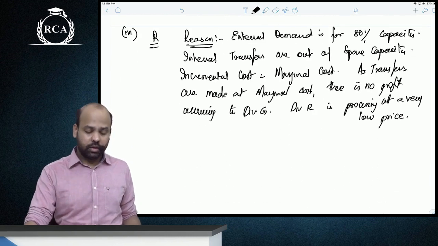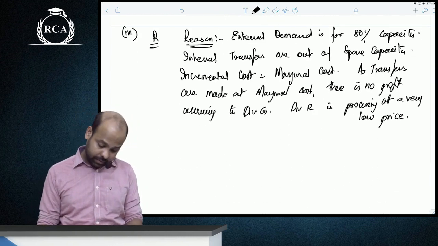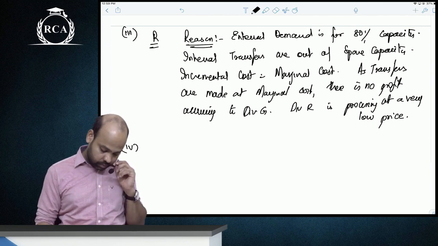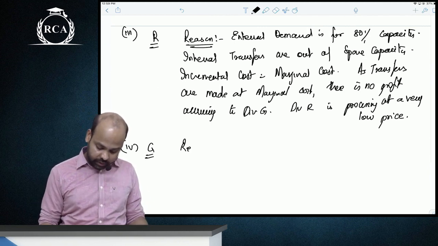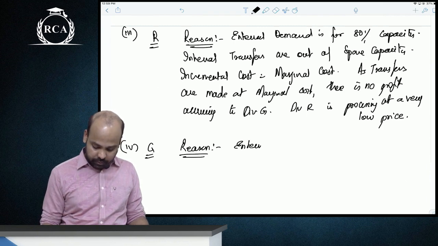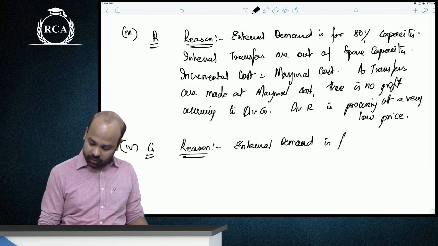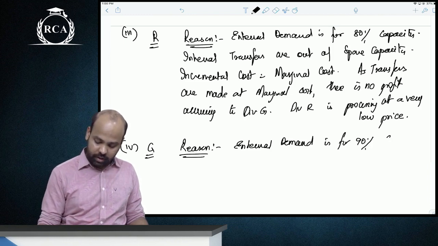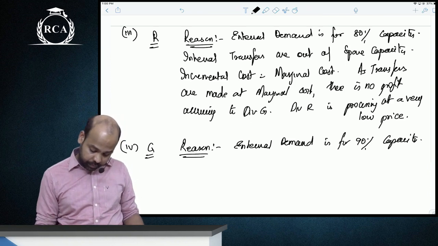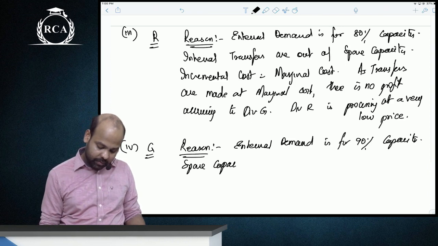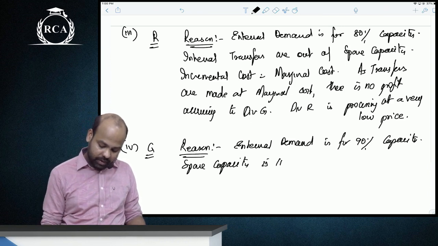Yes, sir. Fourth bit, beta. Market price. Division G, guys. Reason, look beta. External demand is for 90% capacity. So spare capacity, beta, is 10%.